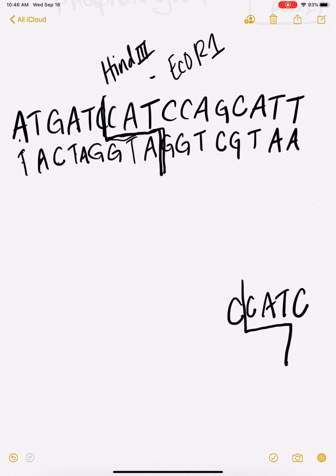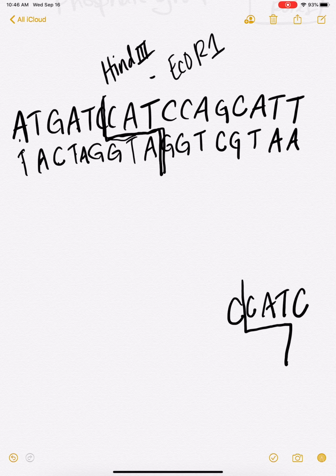So if I gave you one strand of DNA, you should easily be able to come up with the other side based on those Chargaff's rules. A pairs with T, T pairs with A, G pairs with C, A pairs with T, and so on and so forth, using these Chargaff's rules, okay?